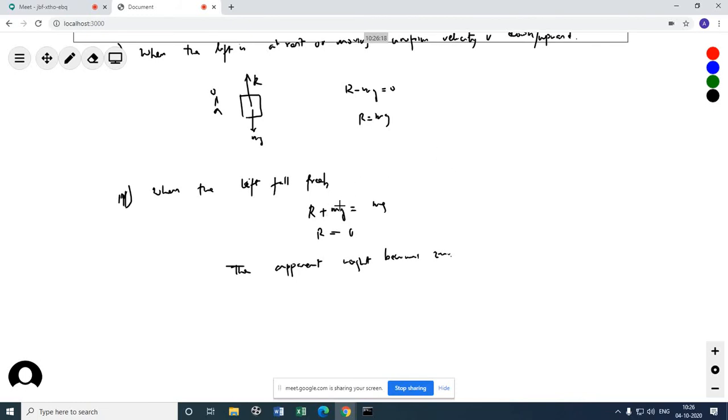Did you notice it is R plus mg, because it is free fall, because it is falling freely.